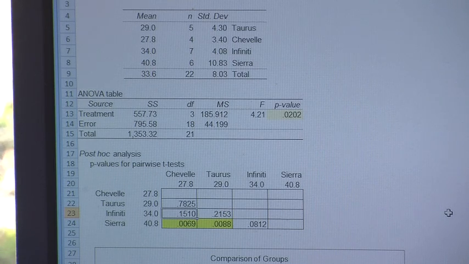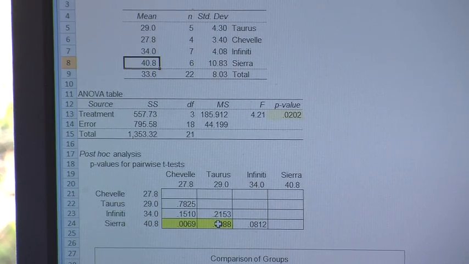Now, if we had a larger sample, say in the 15 or 20 range, there's a good chance that this p-value of 0.15 would have been less than 0.05. If you look at this p-value of 0.0069 between the Chevelle and the Sierra, we're not surprised, because the Chevelle only got 27.8. That was the lowest average mileage, and the Sierra got 40.8.